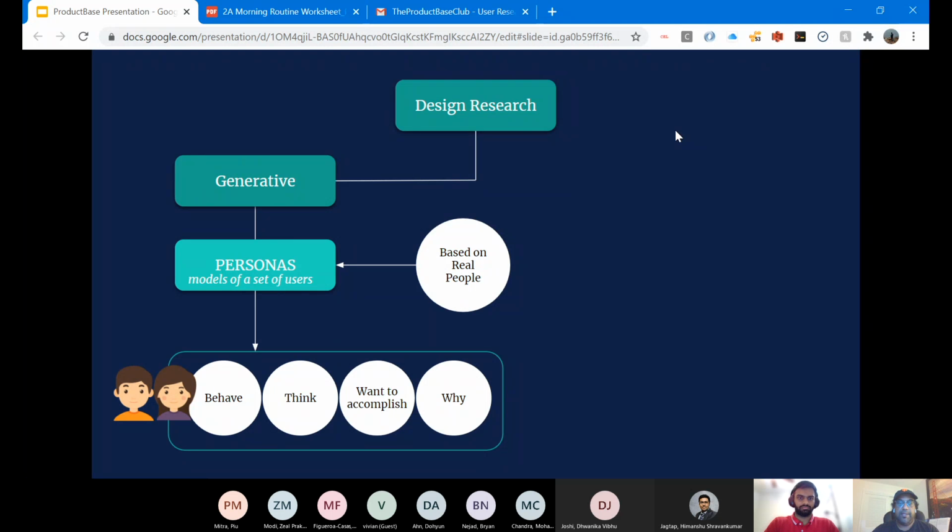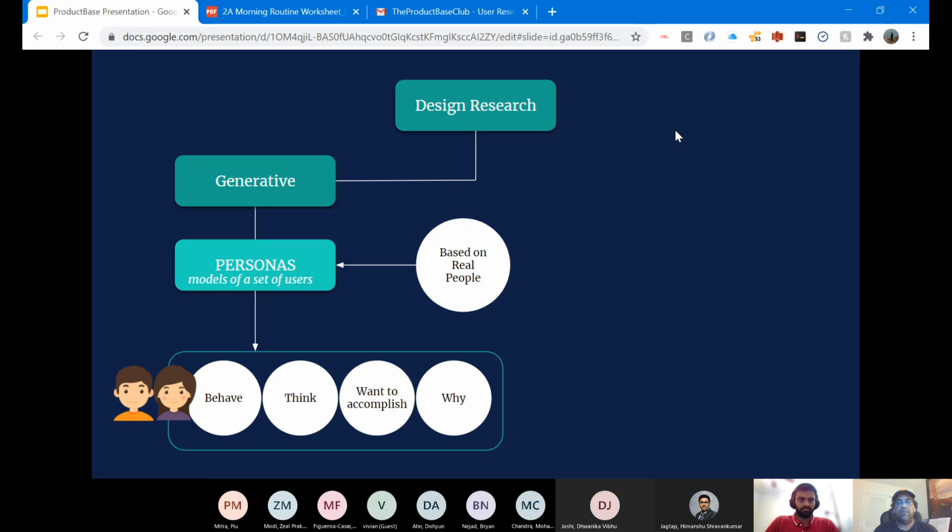But within that segment, there are going to be real people, where you may have a 30-year-old living in San Francisco who likes Facebook versus a 25-year-old who lives in New York City and likes Snapchat. Their needs are going to be very different.